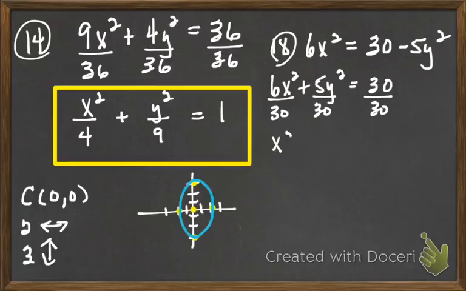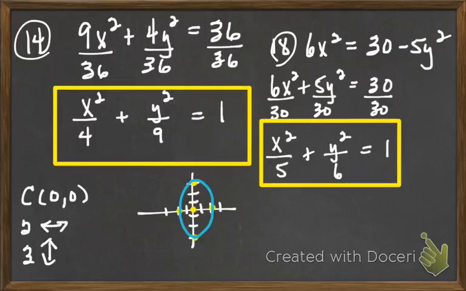Then you get x squared over 5 plus y squared over 6 is equal to 1. The center of your ellipse would be 0, 0. You're going to have to ask your calculator for a little bit of help to find the square root of 5 and the square root of 6. So square root of 5 and square root of 6.